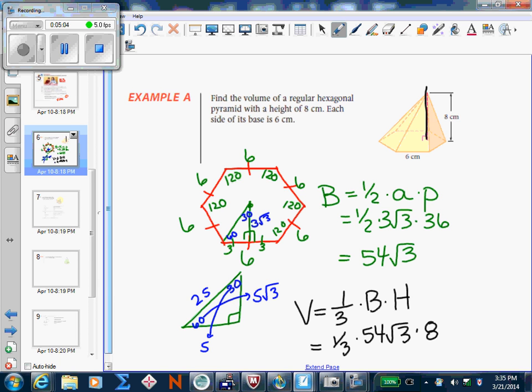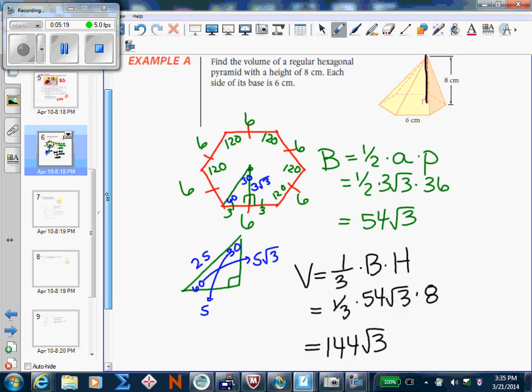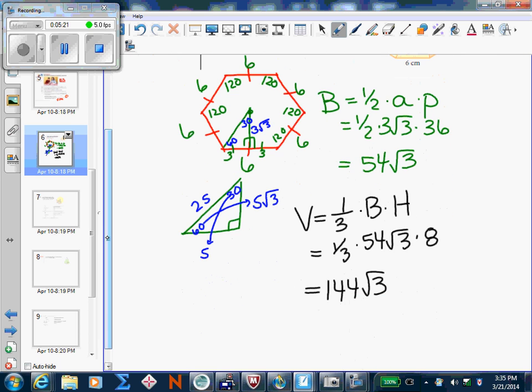So 54 divided by 3 is 18. 18 times 8 is 144. So 144 square root of 3 units cubed, so centimeters cubed, is the volume of our pyramid.